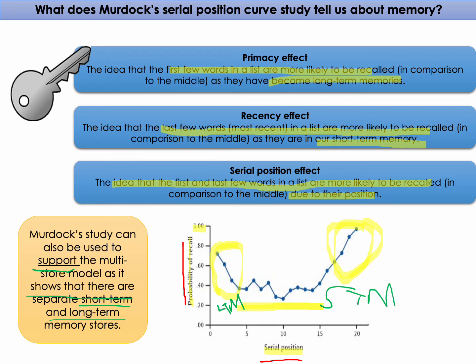Due to the words in the middle being lost, these here that I'm circling in green, it suggests that there was no memory store for them to go to. So those are your findings and a suitable conclusion of Murdock's study, where you link it to the multi-store model and Murdock's own conclusion in terms of the serial position effect.